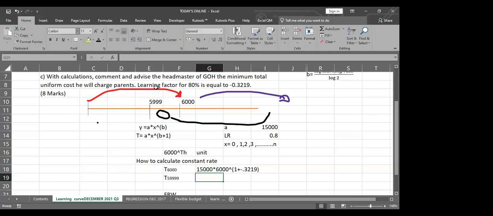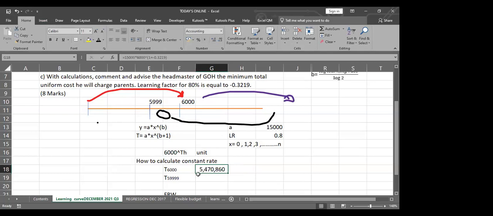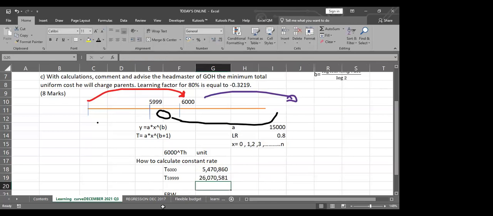You do that and you get the value. I put equal to, and it gives me that, which is similar to what you already calculated. So to subtract this, you just change this factor to 5999, and you get that. I put too many nines, that's why. So you subtract, and that is the constant rate.